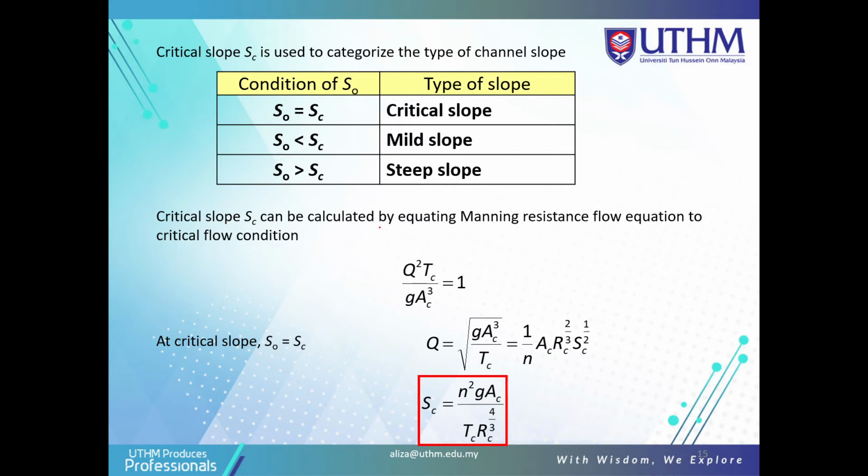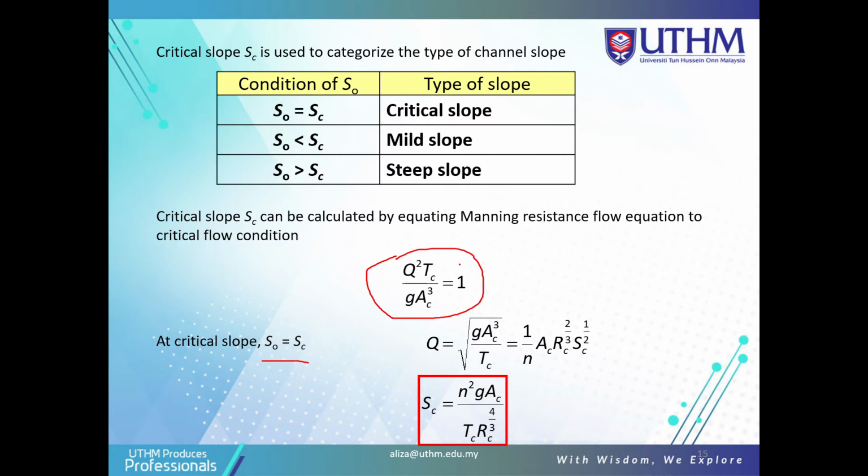Sc can be calculated by equating the Manning resistance flow equation to the critical flow depth. Based on this equation for all sections, and we know that the critical slope S0 is Sc, you just put the Sc here, until you get this formula.